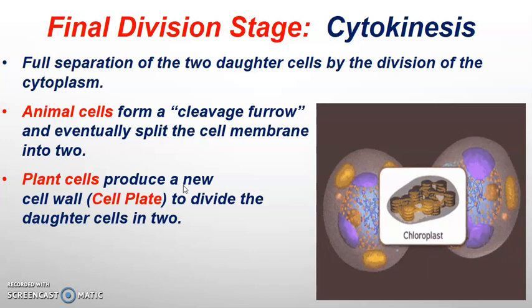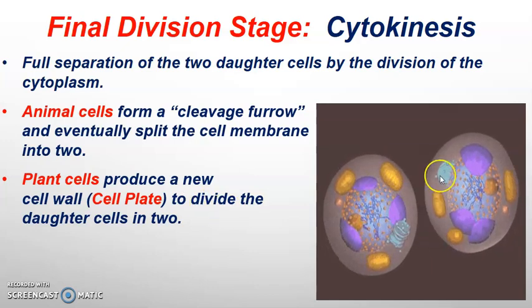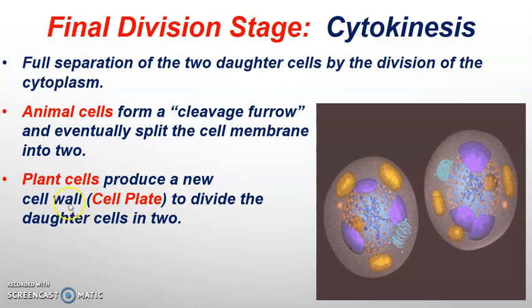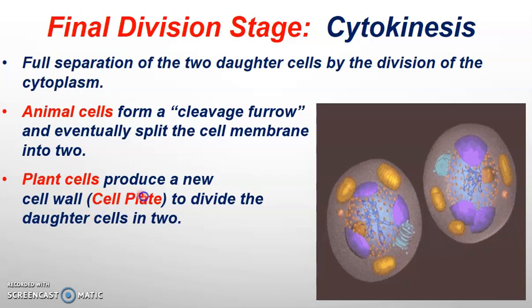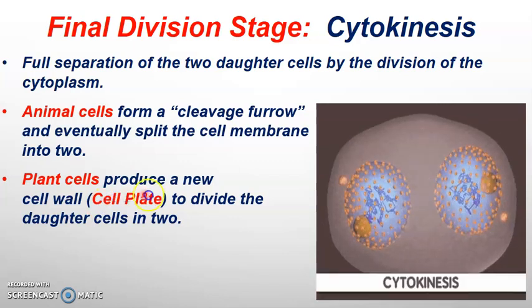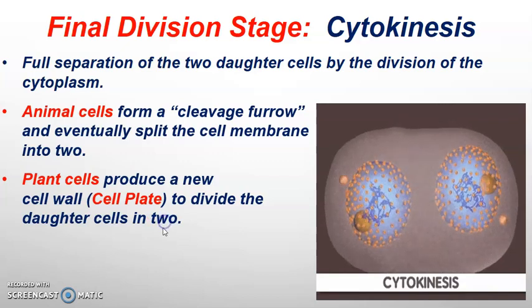Plant cells do not have centrioles, as I mentioned earlier. So what they do to separate the 2 cells in half is they just build a new wall right down the middle of them, sometimes also called a cell plate, to separate the 2 daughter cells into 2 complete different entities.